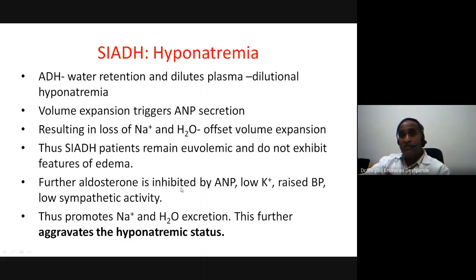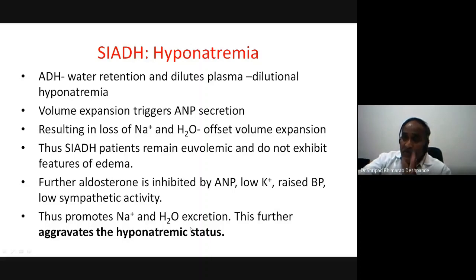Aldosterone is a hormone necessary for sodium reabsorption from the distal nephron, basically the distal convoluted tubule and collecting duct. And now sodium is not reabsorbed. If sodium is not reabsorbed, water is also not reabsorbed, that means sodium and water pass through the tubular fluid and are eliminated as urine. So no reabsorption of sodium further aggravates the hyponatremic status.